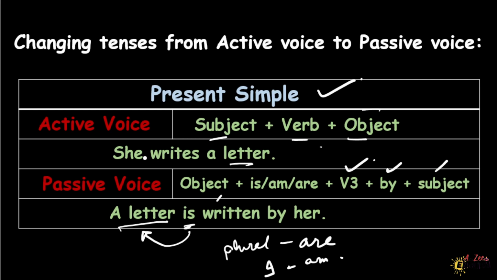Here the subject is she, so she is converted into her. If the subject is he, we can convert it into him. They is converted to them.